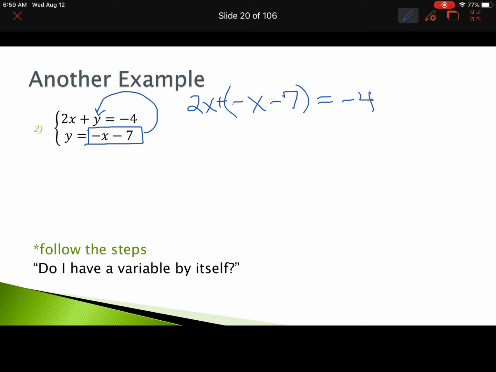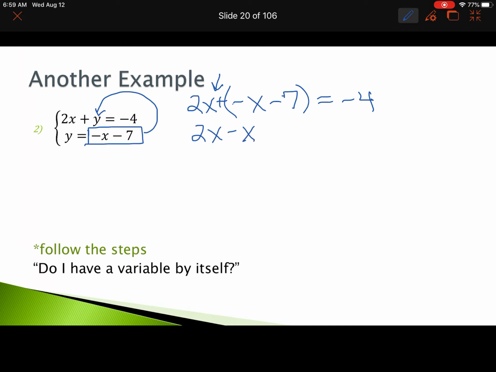So my equation now is 2x plus negative x minus 7 equals negative 4. Notice I used parentheses because if there's something in front of a y or in front of that old variable, I need to distribute. I'm going to get rid of those parentheses because it's addition. It's just timesing it by a positive 1.